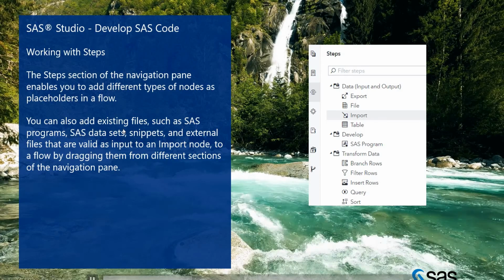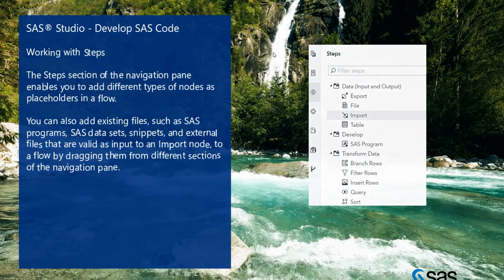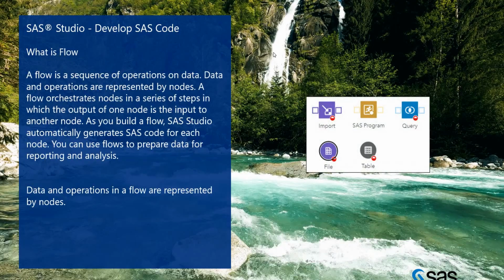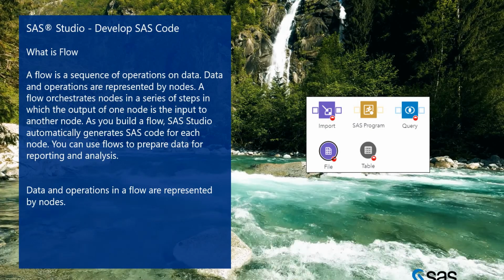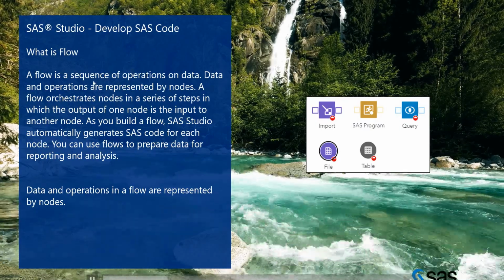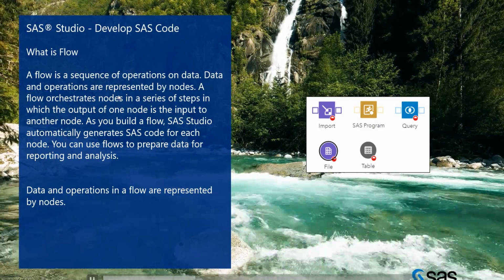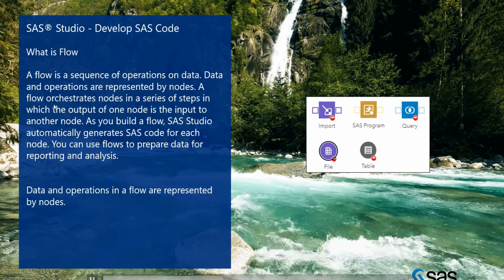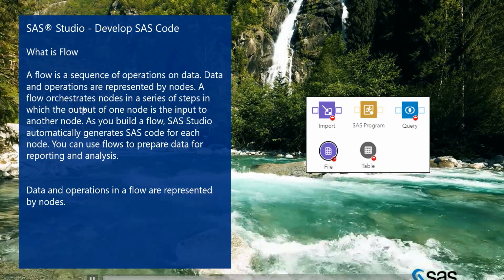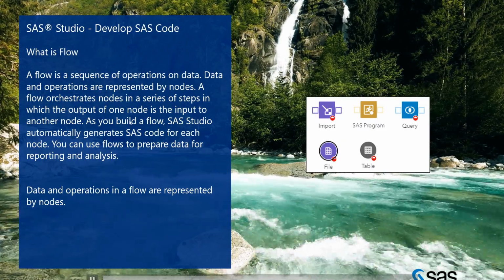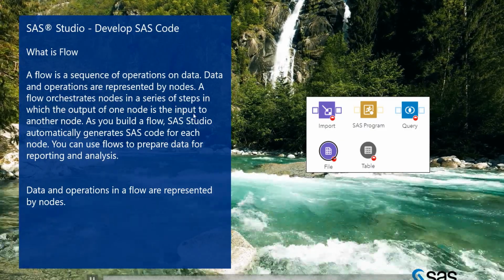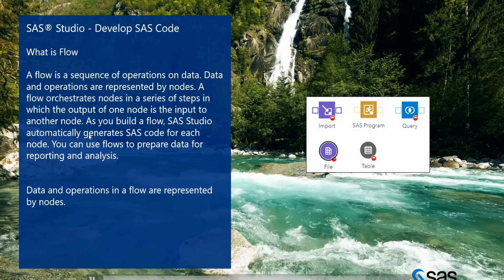After these steps we have the flow. So what is a flow? Basically, a flow is a sequence of operations on data, and the data operations are represented by nodes. A flow is a series of nodes in which the output of one node is the input to another.